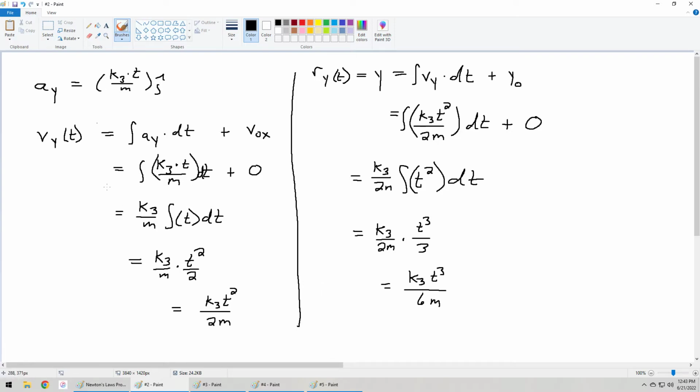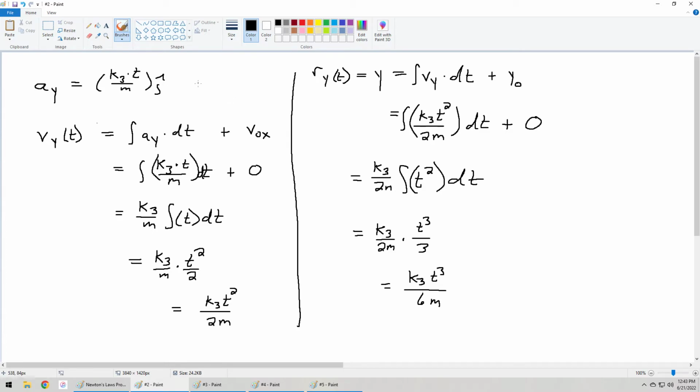So we have the y component for the acceleration, the y component for the velocity, and now the y component for the position. Let's perhaps start labeling these so that we can refer to them in shorthand, and I don't have to keep writing this over and over.